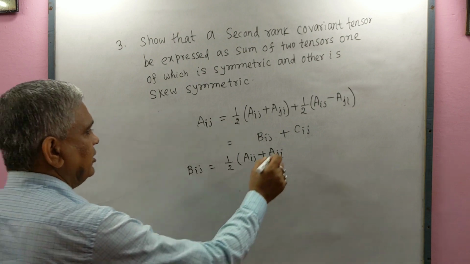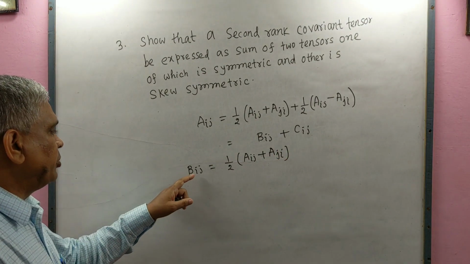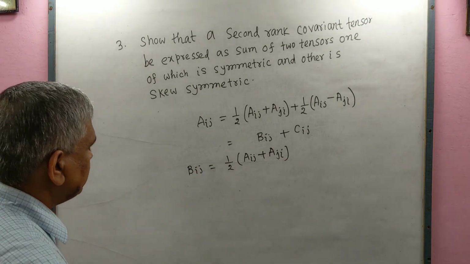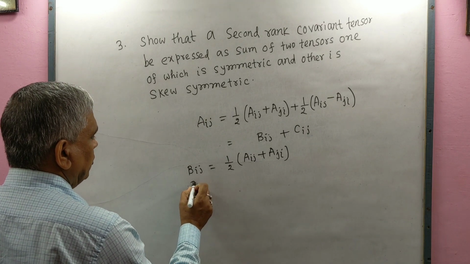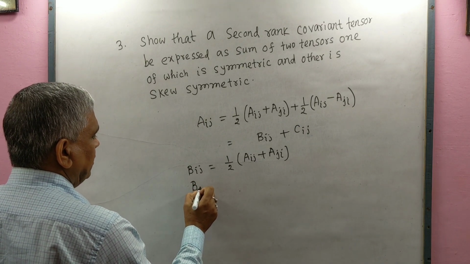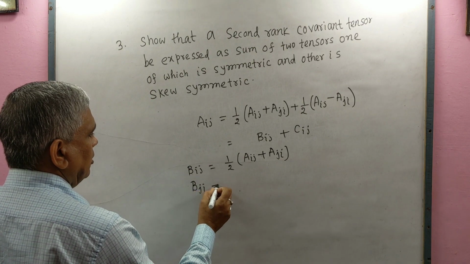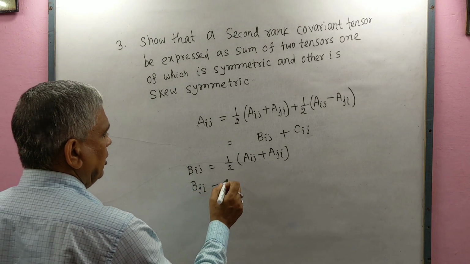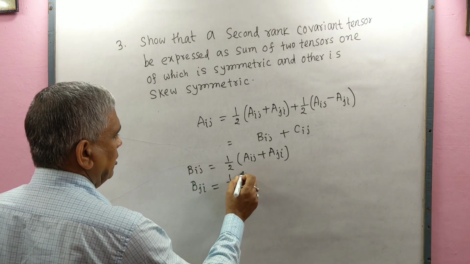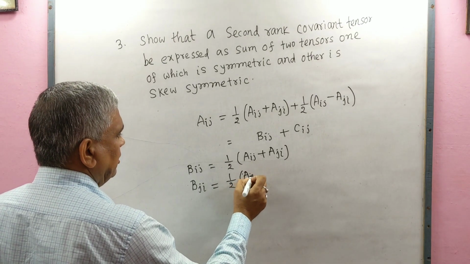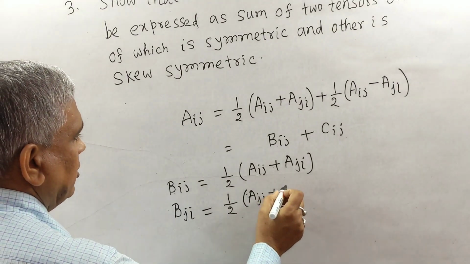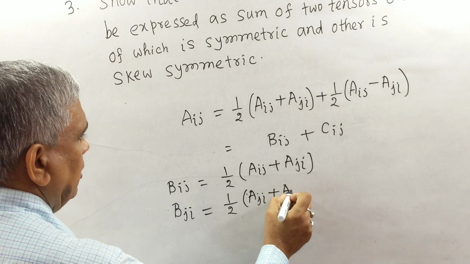By interchanging suffixes i and j on both sides, we get Bji equal to half of Aji plus Aij.